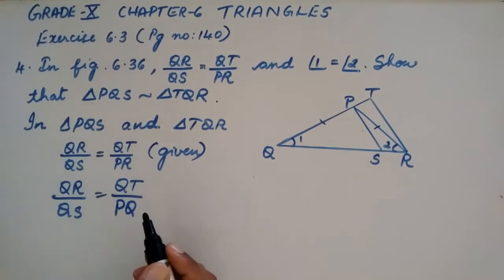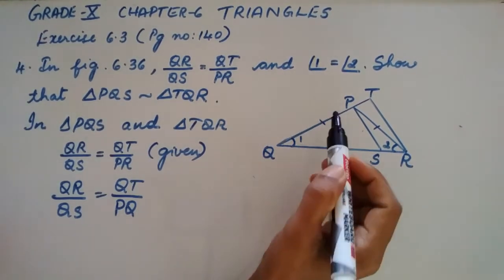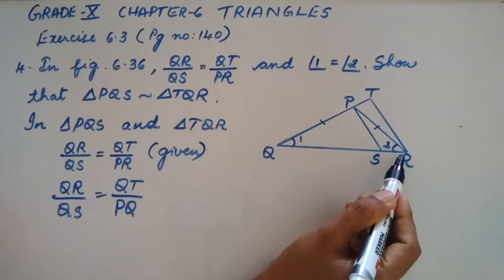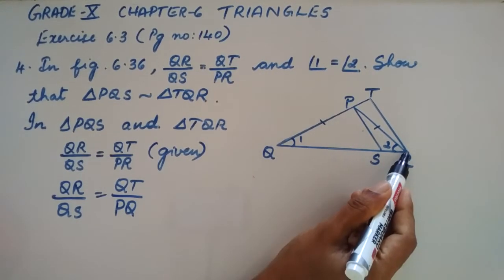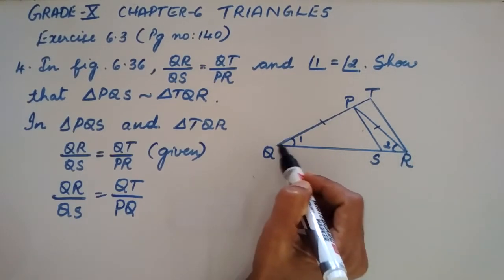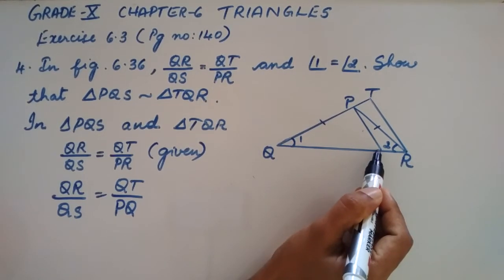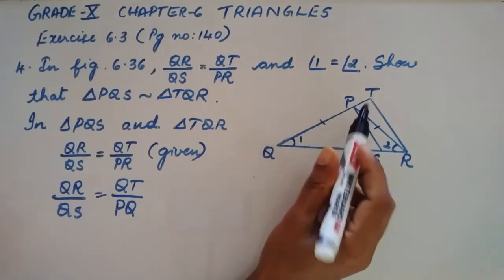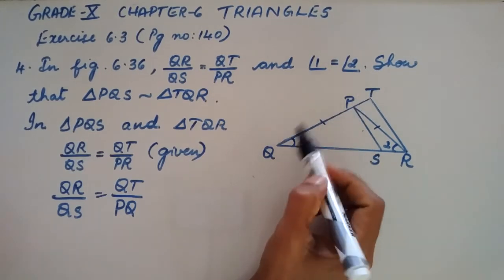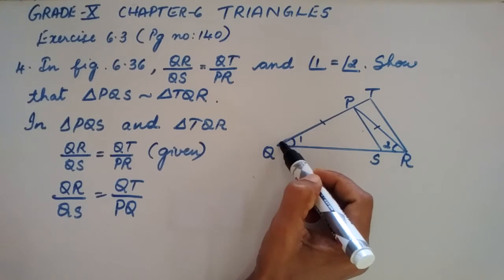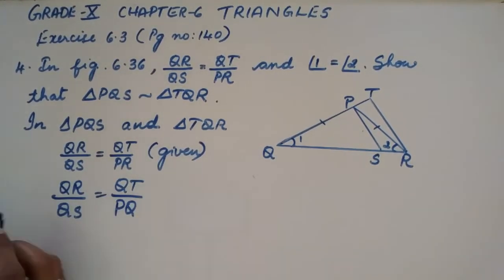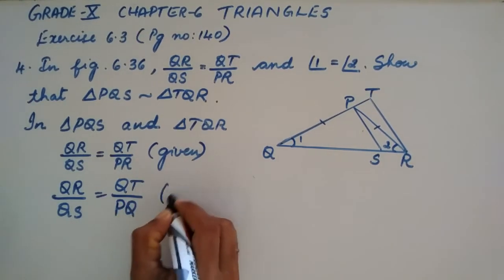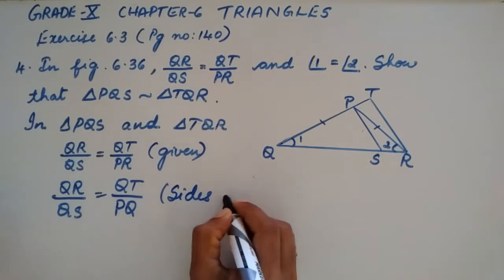So let me write here PQ. Now see, QR is the side of the bigger triangle, QS is the side of the smaller triangle, is equal to QT, the side of the bigger triangle, and PQ, the side of the smaller triangle. So here the sides are proportional.